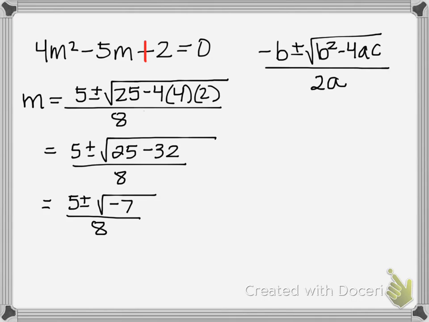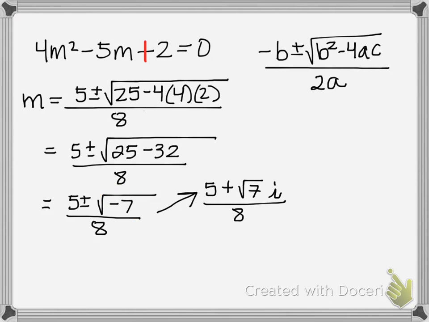At this point, I've got a radical negative 7. So my 2 solutions are, and I'm going to jump in and split up the plus minus. So I got 5 plus rad 7i over 8. So do you understand that? That if you take this rad negative 7, that's rad 7i.